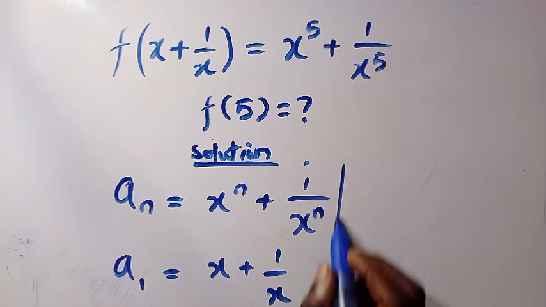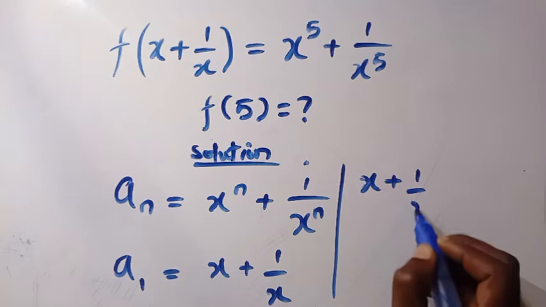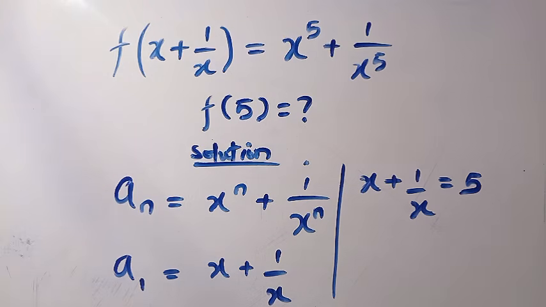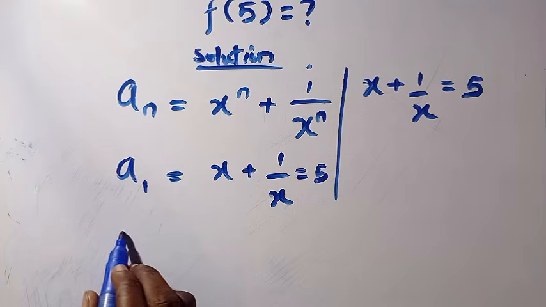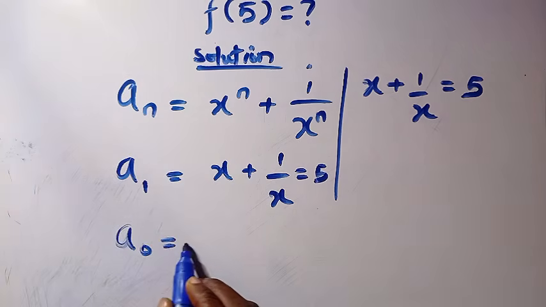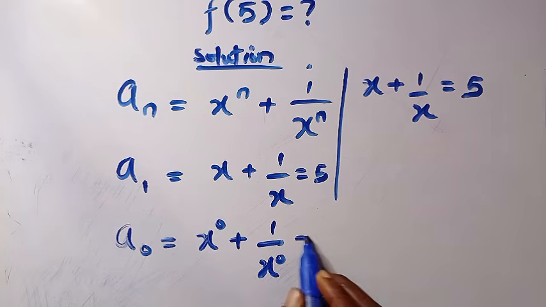Based on substitution, we can let x plus 1 over x equal 5, so a1 equals 5. Also, if n equals 0, we have a0 equals x raised to the power 0 plus 1 divided by x raised to the power 0, and everything here equals 1.